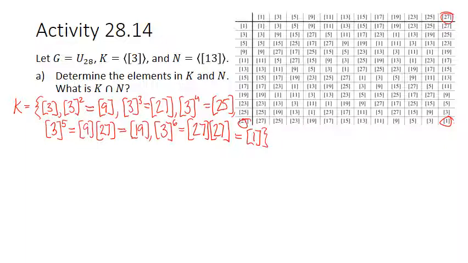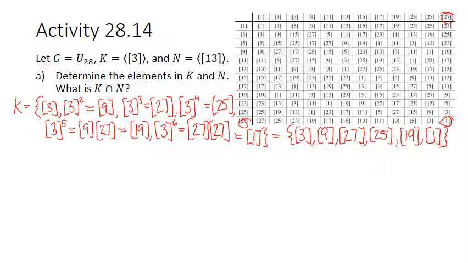Once you get the identity, that's everything. Let me just write it out a little bit shorter here so I can see it a little more easily. So 9, 27, 25, and then what was the next one? 19, and then 1.